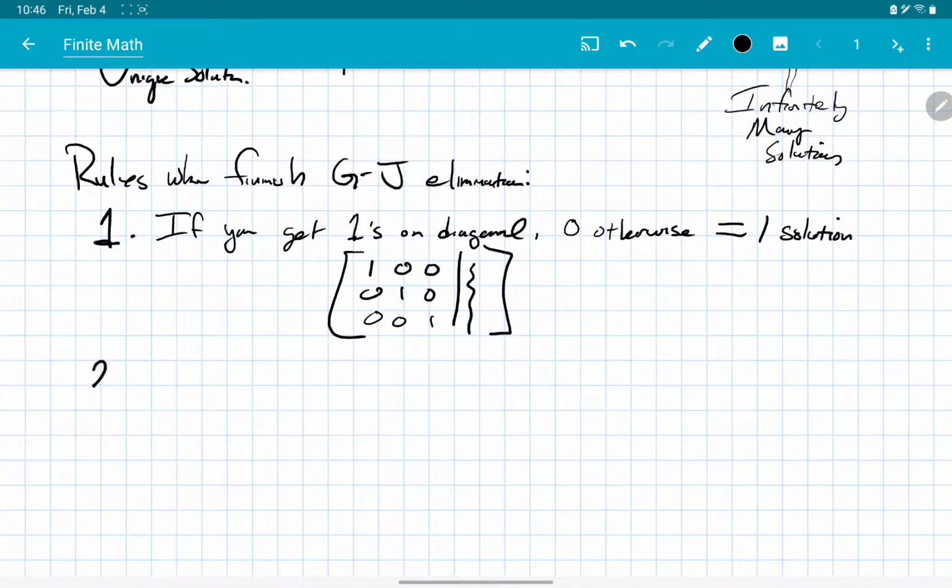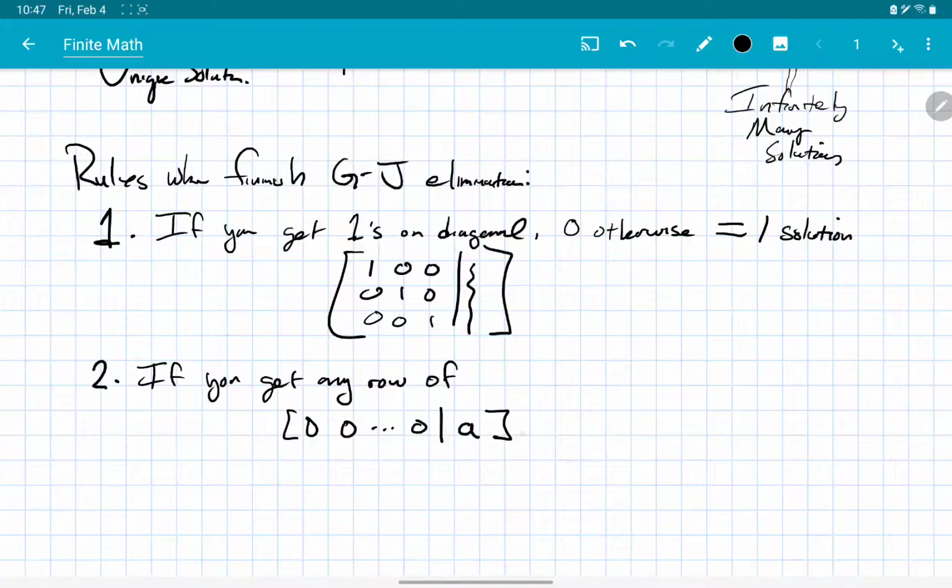The second possibility is if you get any row of 0 0 0 and then A, where A is not 0, then you have no solutions.